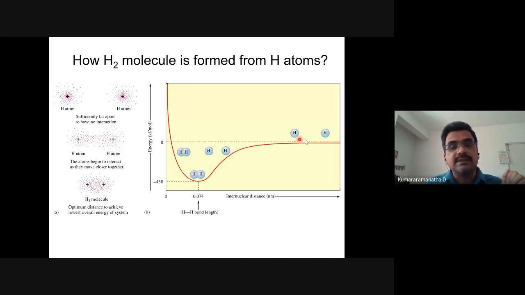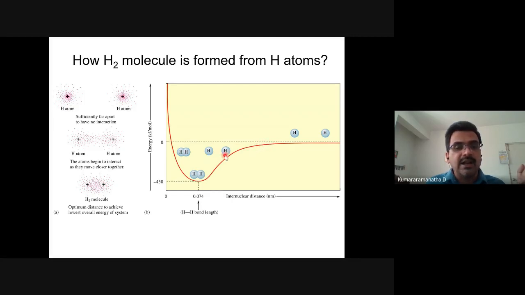This is the distance when the two hydrogen atoms are apart at infinite distance. You see the energy is close to zero; there is no energy between them. Once they start coming closer, you see that the energy value varies.